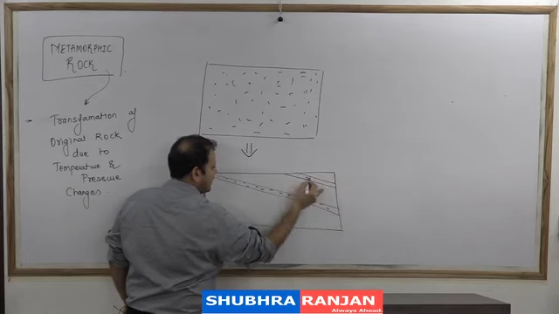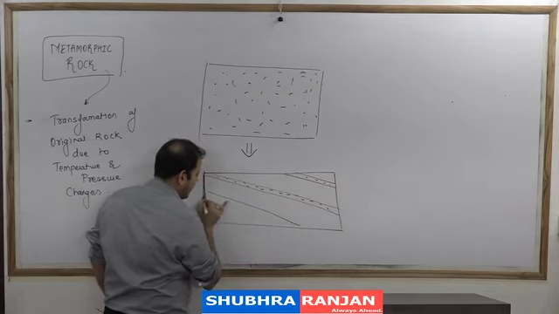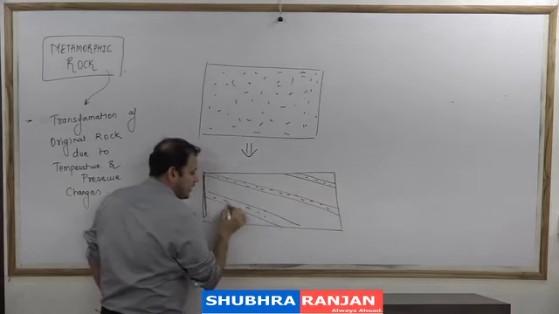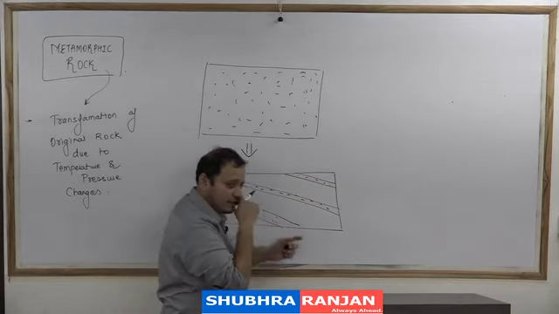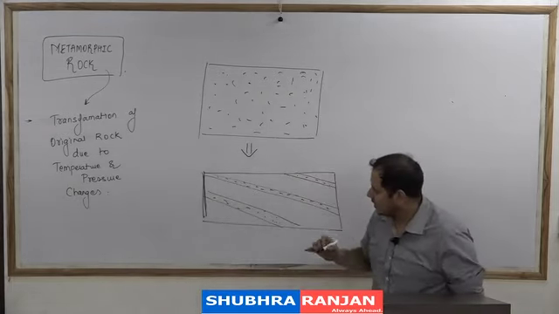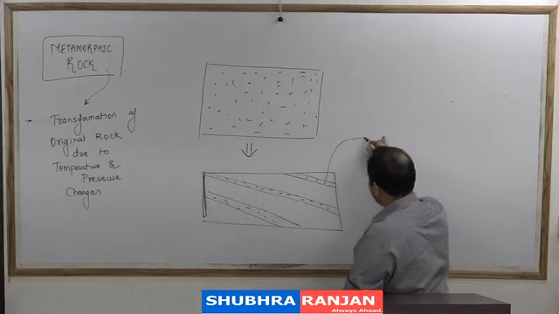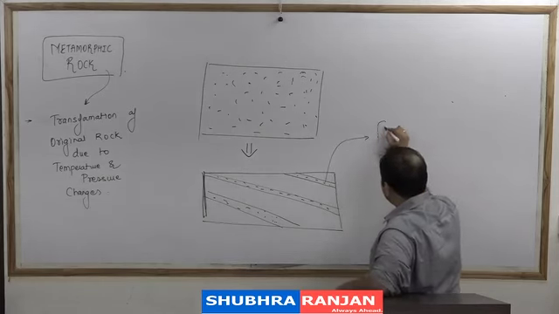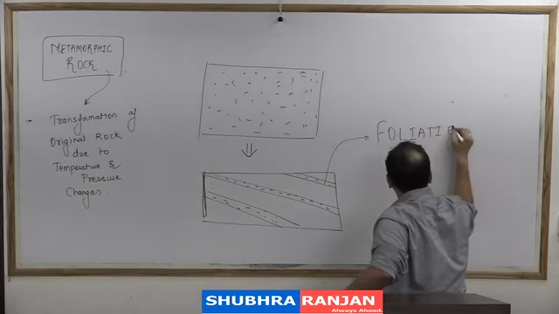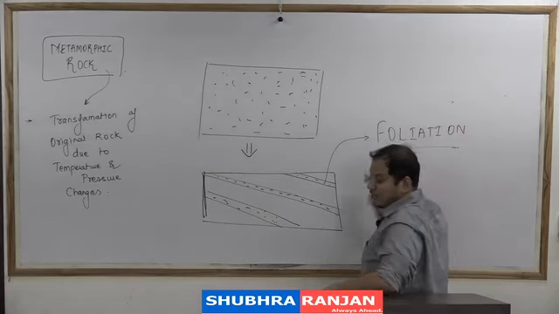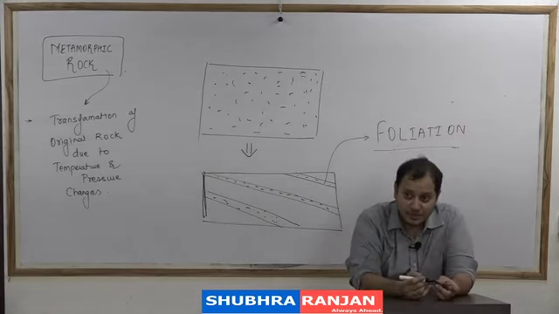They will get displaced and arranged in the parallel band. So एक mineral हो सकता है which is giving a darker color, दूसरा हो सकता है which is having a lighter color. And therefore we will call this parallel arrangement of crystals as foliation. So कोई भी metamorphic rock is an example of a foliated rock.